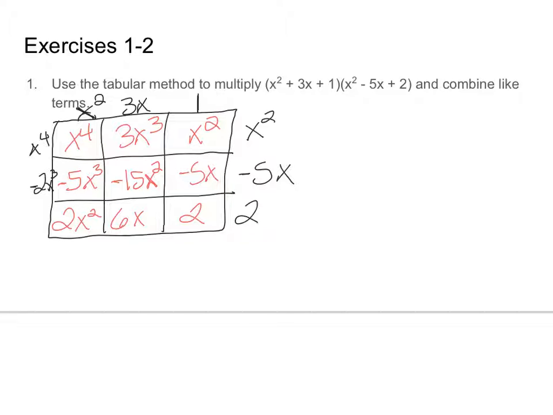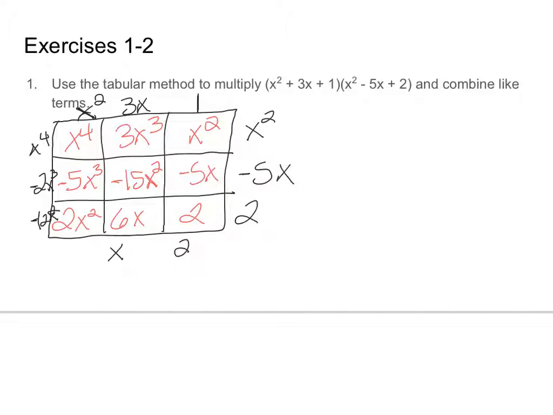Negative 15, positive 1, and positive 2 gives me a negative 12x squared. Okay, the next diagonal here just gives me a positive x and a 2.